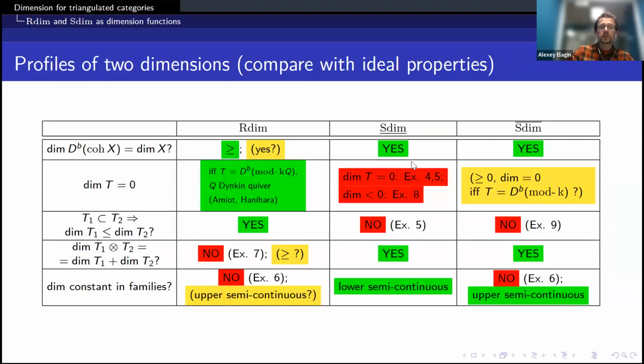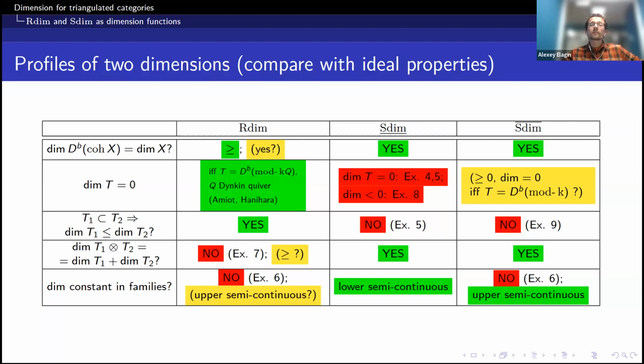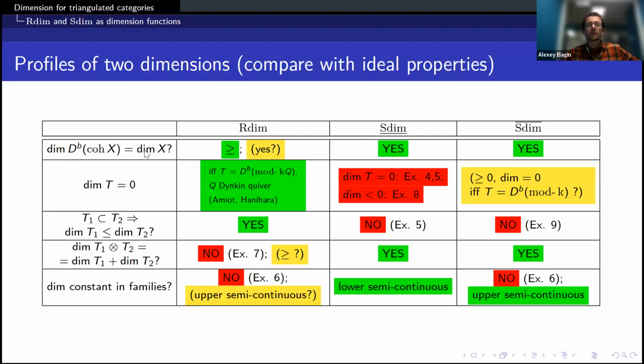Actually, as you can see, neither of them can serve as a good dimension function, because some properties fail for some dimensions. So for the dimension of the derived category of coherent sheaves, Serre dimension is good, but for Rouquier dimension we do not know actually whether this is always so.